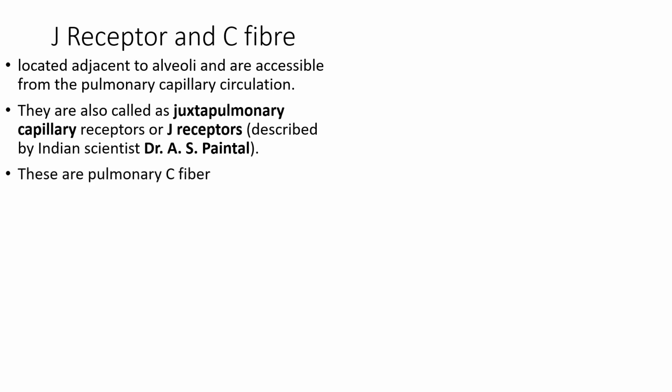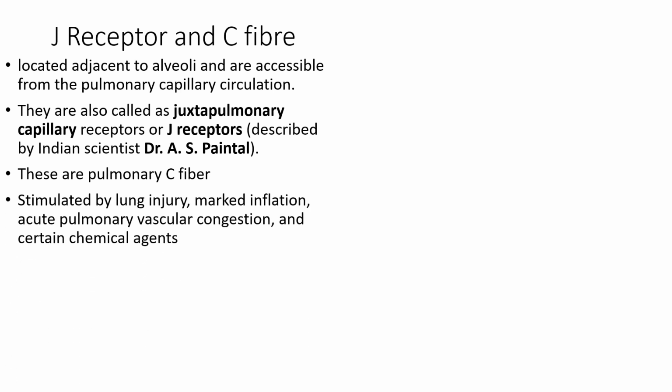The fibers arising from these receptors are very thin and unmyelinated, and are called pulmonary C fibers. They are stimulated by various lung injuries, marked inflation, acute pulmonary vascular congestion, pulmonary edema, accumulation of fluid between the pulmonary capillary and the alveoli, and certain chemical agents.